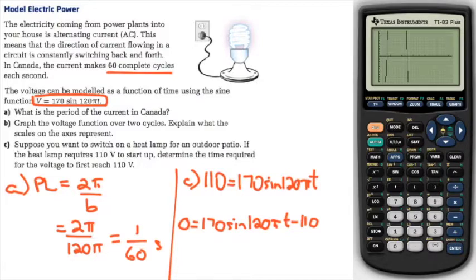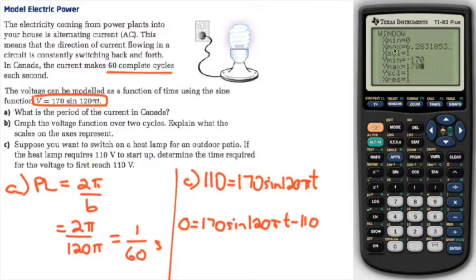Now the window settings we have may not be good enough because we can't see the peaks or the troughs of this function. So good Ymin and Ymax would actually be derived from the value of A in the equation. A is 170, meaning the amplitude of the function is 170. So let's try changing the Ymin to negative 170 and the Ymax to 170 and see how that works out.